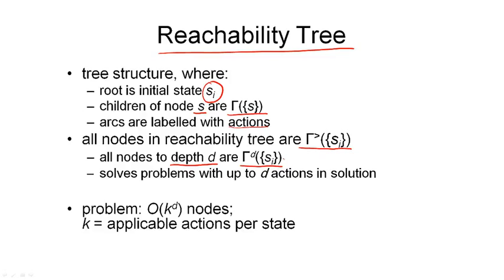But that is of course not an efficient way of solving planning problems, as we know that even a tree of depth D has an exponential number of nodes in it. Here, k is the number of applicable actions per state, and d is the depth, so we have k to the d nodes in general in such a tree. But there is a more clever solution to this reachability question, as we will see next.